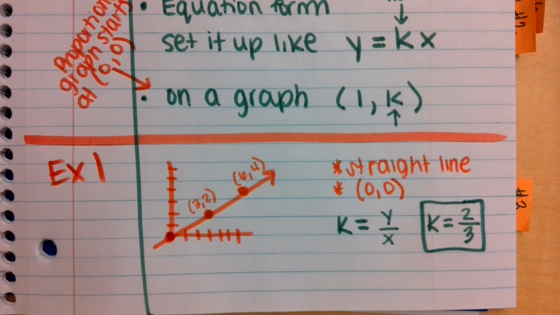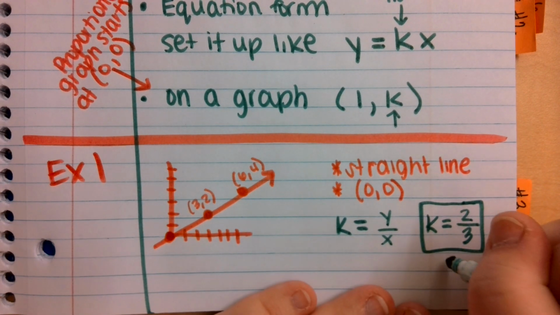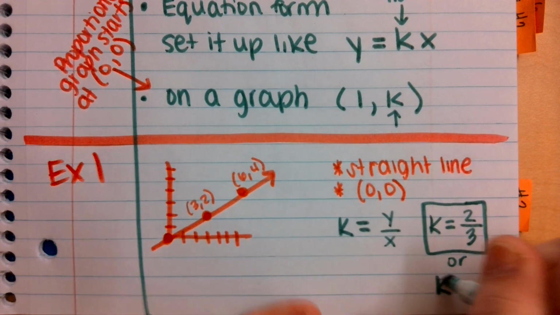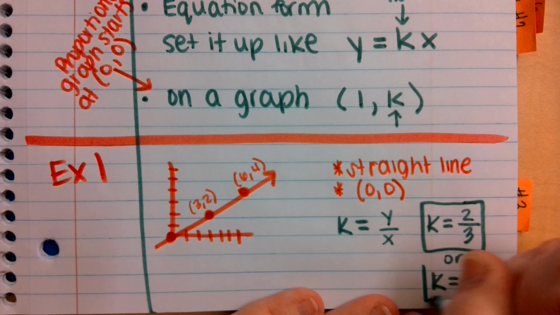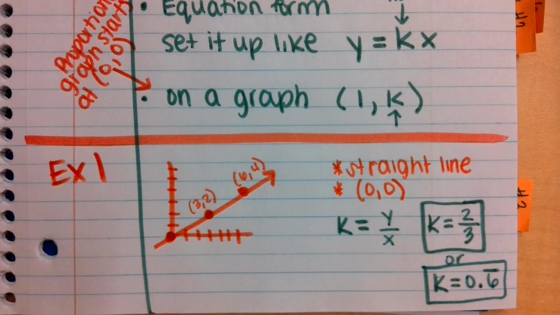If we put 2 divided by 3 in our calculator, we would get 0.6 repeating. Now my equation.